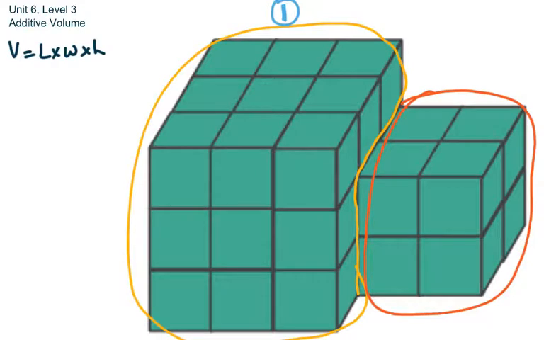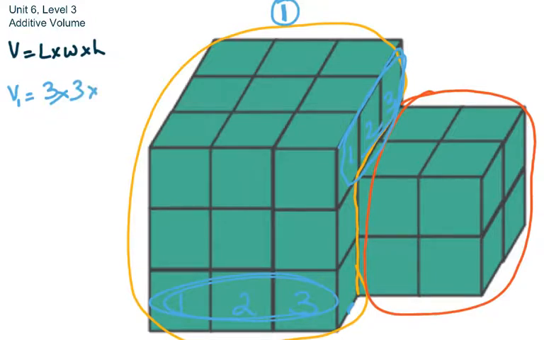So on figure 1, the volume of figure 1, I have length, which is 3. That's down here. I have a width, and it's a little hard to see down here, so I'm going to come up here to the top to find the width, and that width are those three right here.